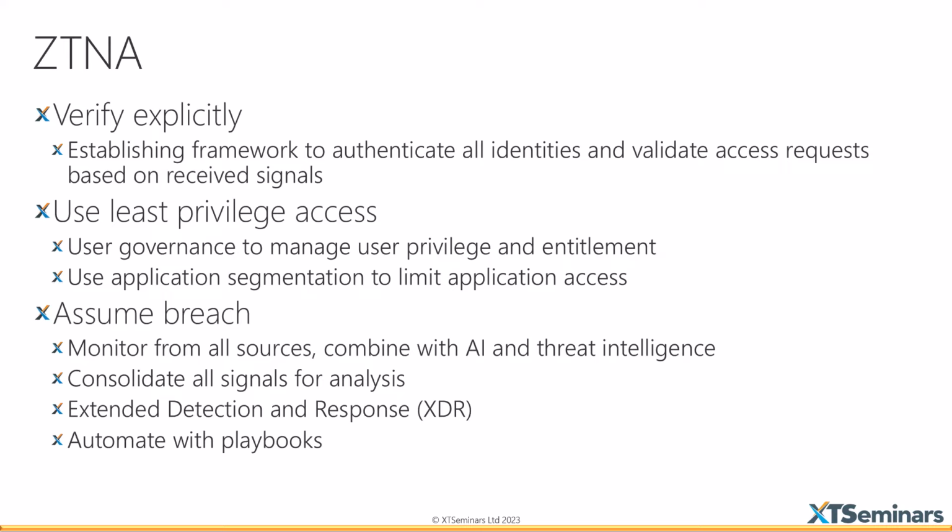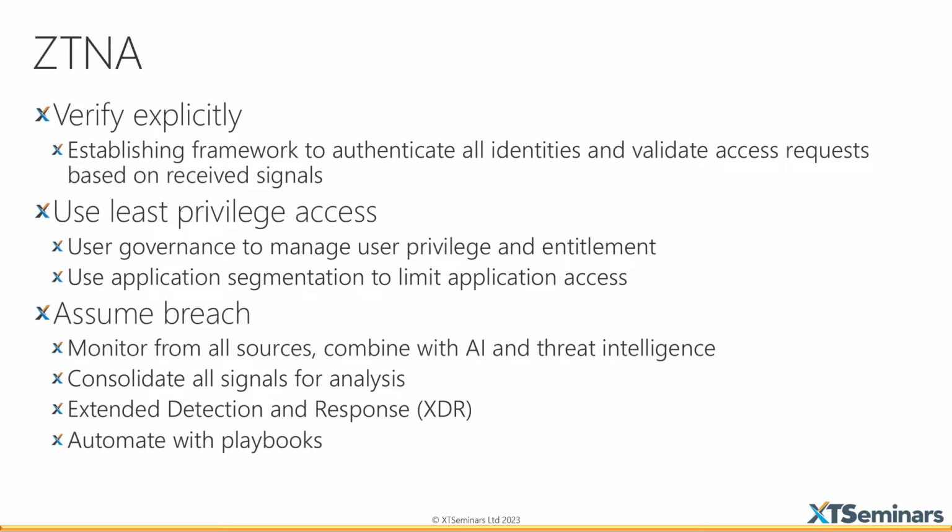And then we can use application segmentation to limit application access as well. So least privileged access. And the thing is, we have to these days assume breach. We can't assume our systems are protected.